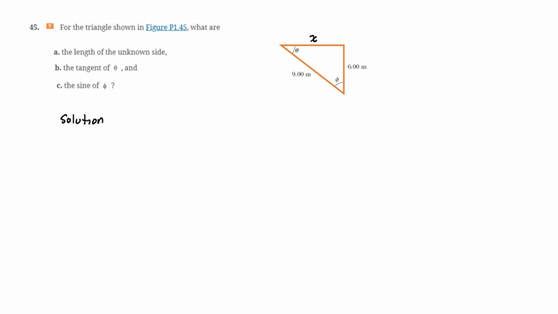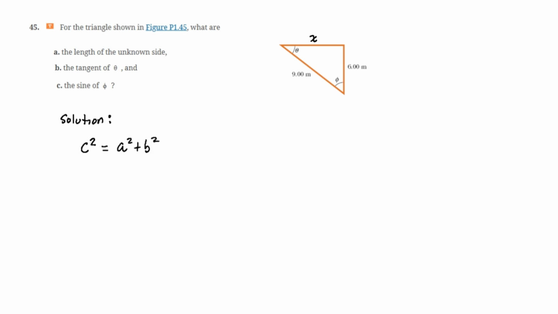the length of the unknown side, I know that the relation between the sides of a right triangle is: the square of the longest side is equal to the sum of the squares of the two shorter sides.